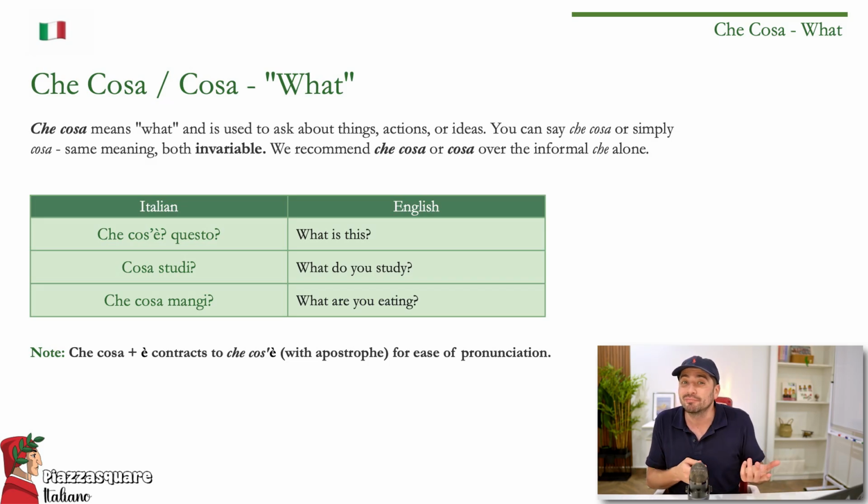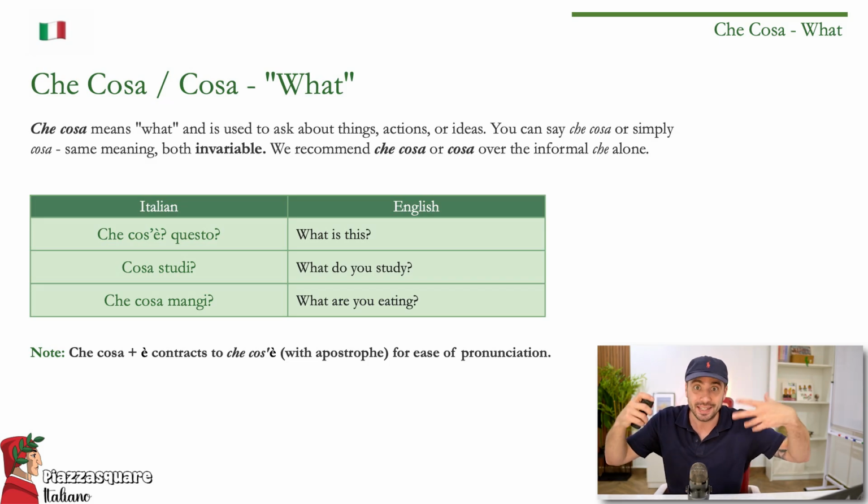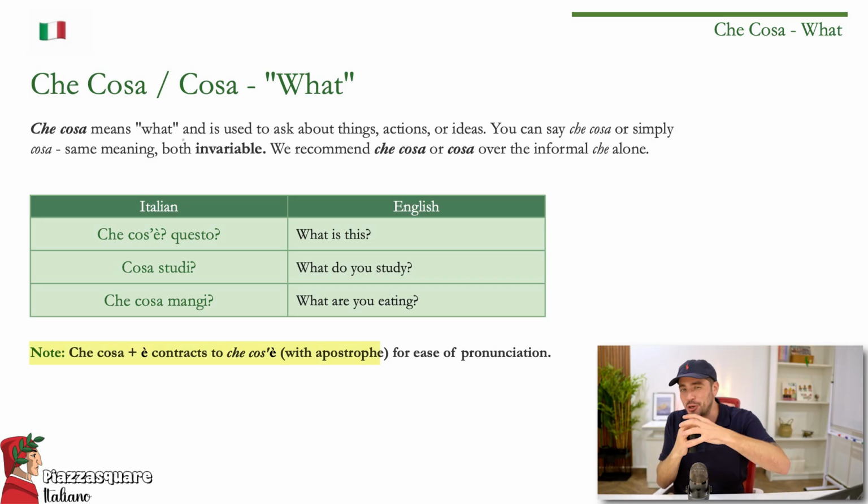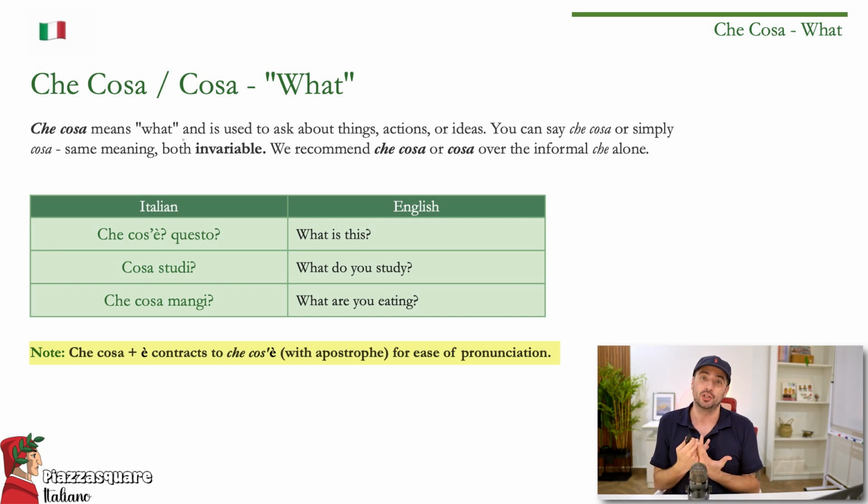What are you eating? In the first example, che cosa is combined with è, is, the third person singular of the verb to be. Io sono, tu sei, lui, lei è. Note that we usually contract che cosa è to che cos'è with an apostrophe for ease of pronunciation.